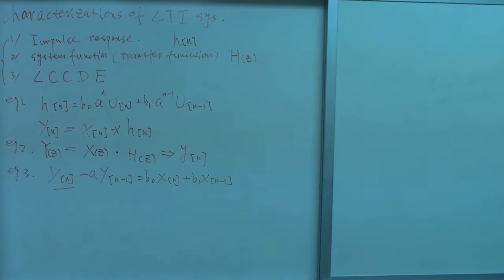We discussed this before also with two methods so far. Anyone still remember that? What's the first one? Recursive method, right? The second one is we take the z transform of both sides of the difference equation, then we try to find Y(z), then we take the inverse z transform.